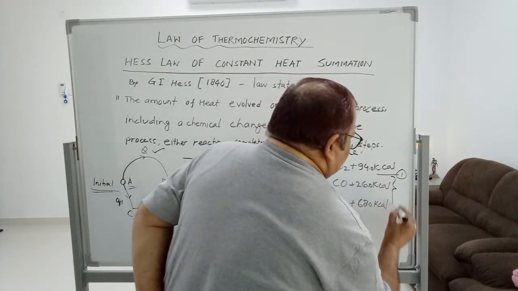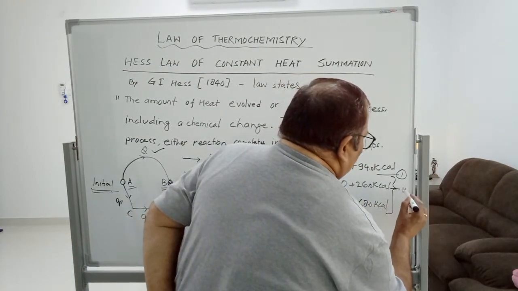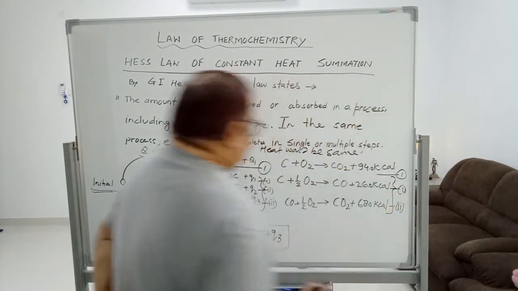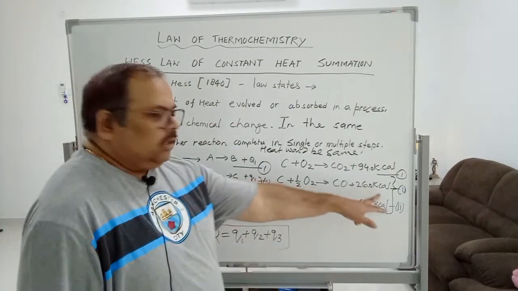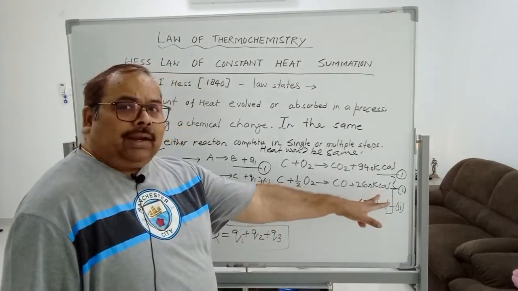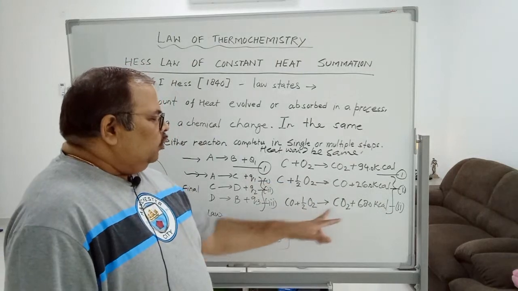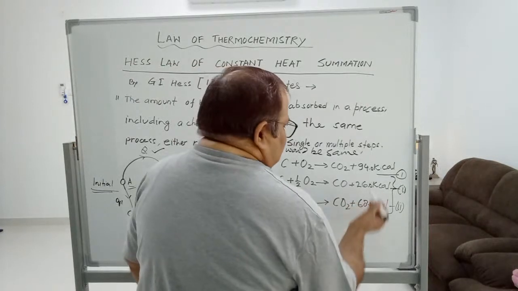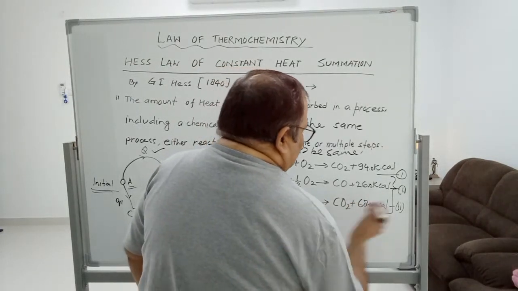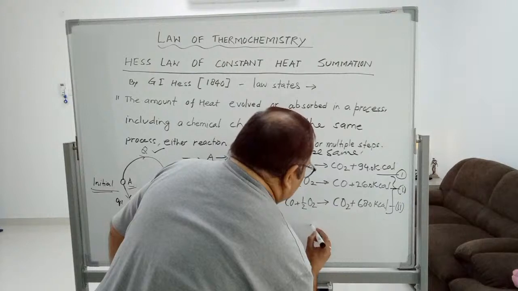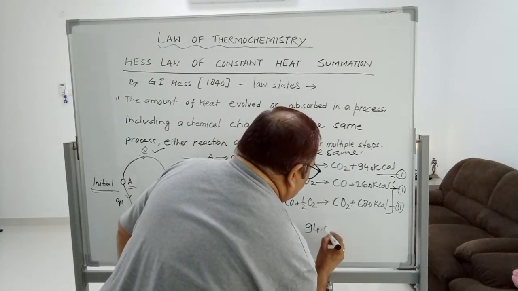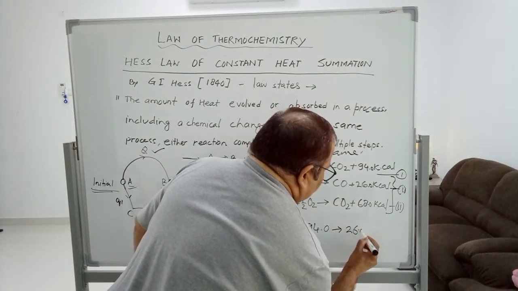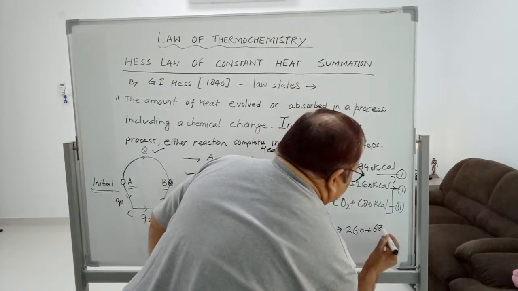Now, in the second case the same reaction happens in 2 steps. First, C plus half O2 equal to CO plus 26 kilocalorie. And now CO plus half O2 equal to CO2 plus 68 kilocalorie. The sum of both is 94. Means here you will see 94 is equal to this heat from 26 plus 68.